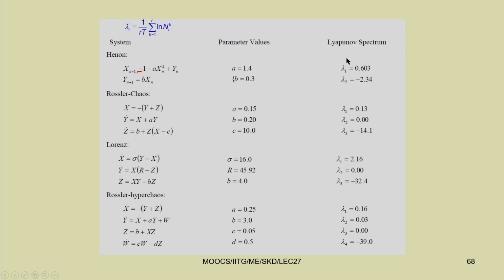One of the Lyapunov exponents, lambda 1, equals 0.603, which is positive. One is negative and the other is positive. Due to the presence of this positive exponent, this is a chaotic attractor.